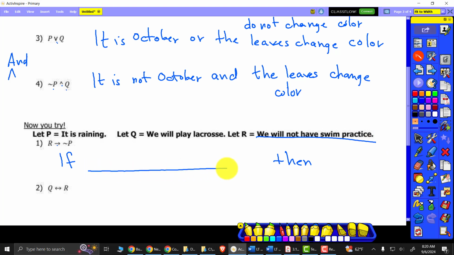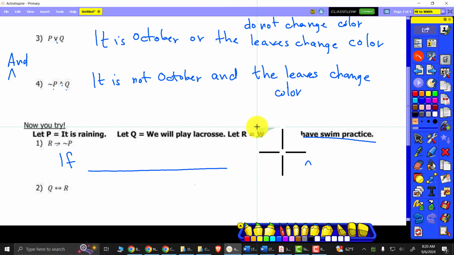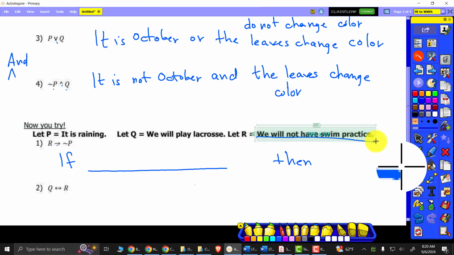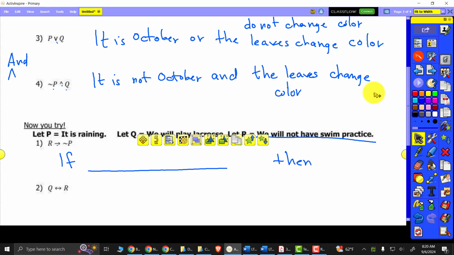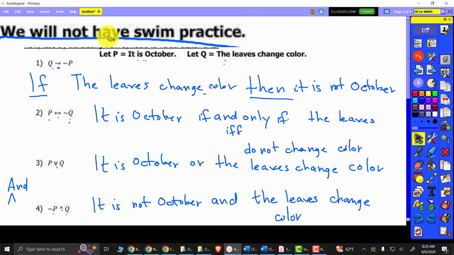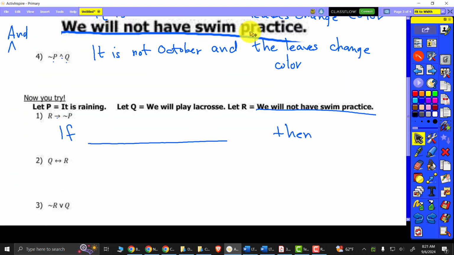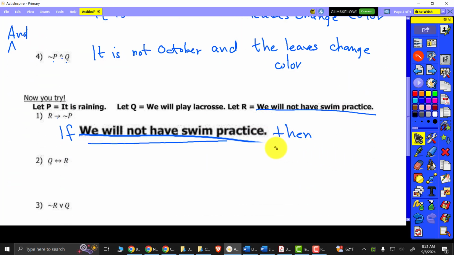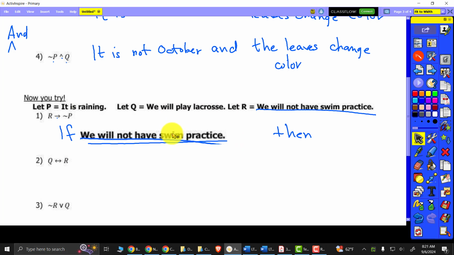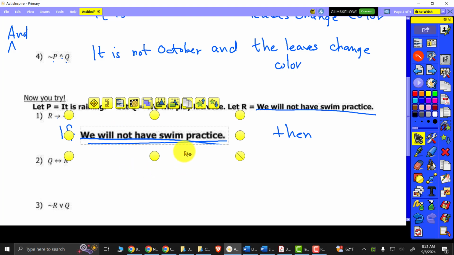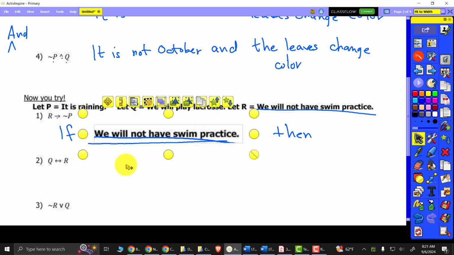Okay, because that's all that we need to do. Okay, cut and paste. So let me just cut this if R. Okay, if R, if we will not have swim practice, then it says not P.